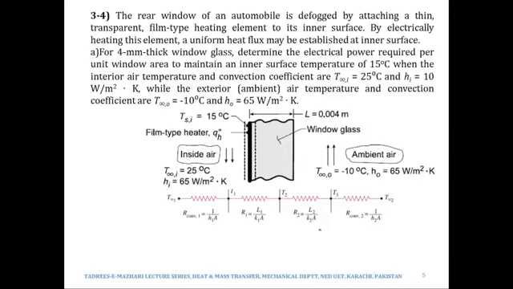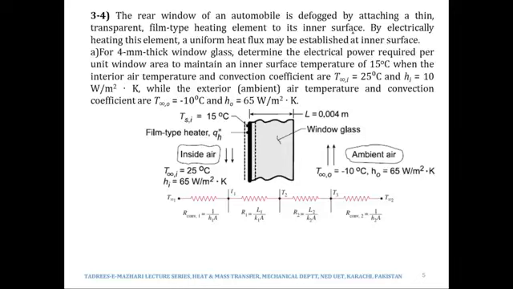It says the rear window of an automobile is defogged. So it is again a similar problem. How is it defogged? By attaching a thin transparent film type heating element to its inner surface. See, in the previous problem we were removing the fog by blowing hot air over the inside surface.